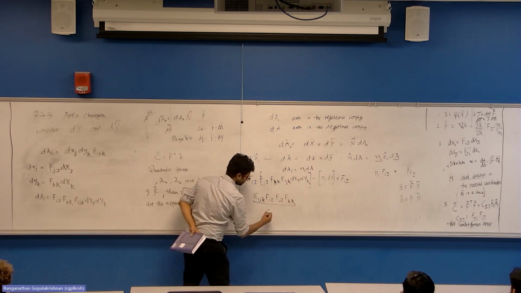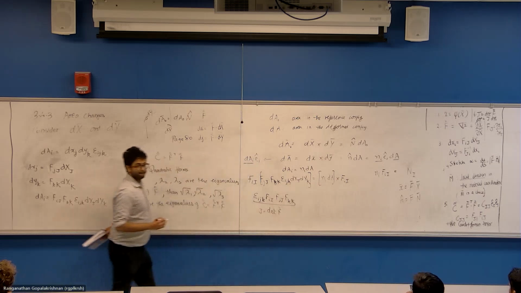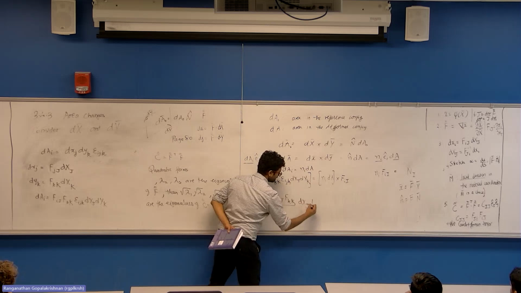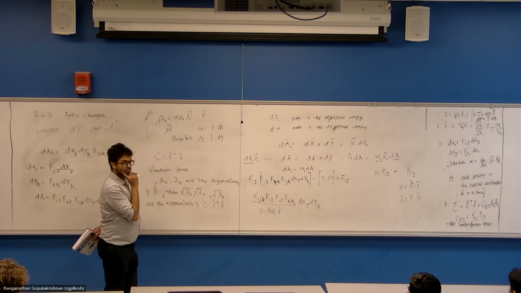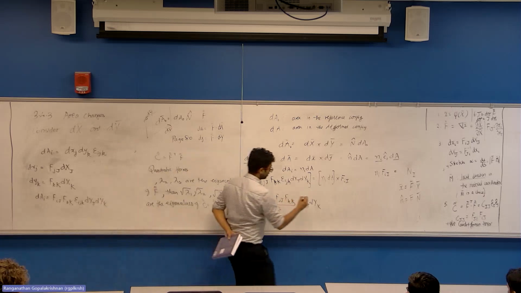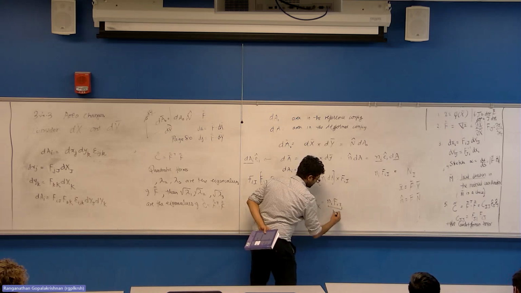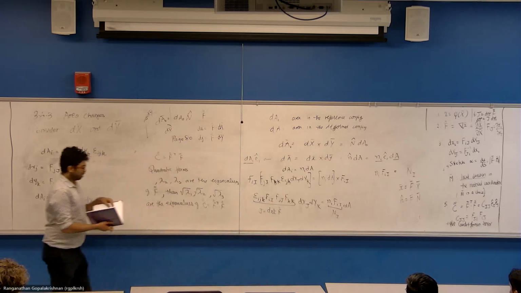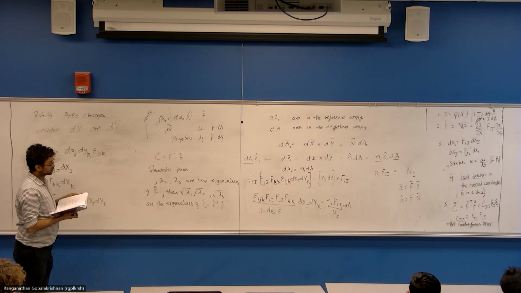This is nothing but the determinant of F, or J, multiplied by dX_J dY_K. And this is equal to n_i F_iI, which is uppercase N_I, times dA.